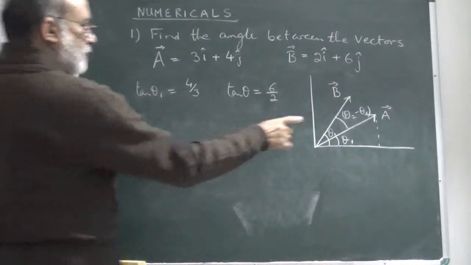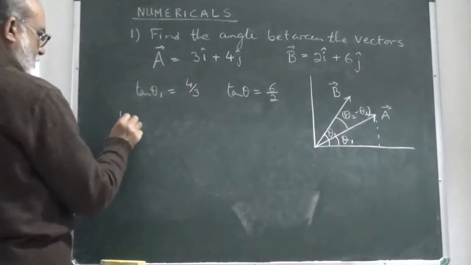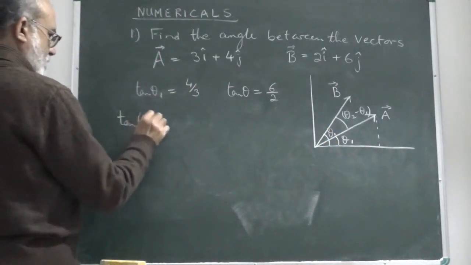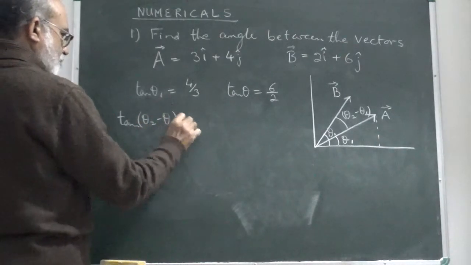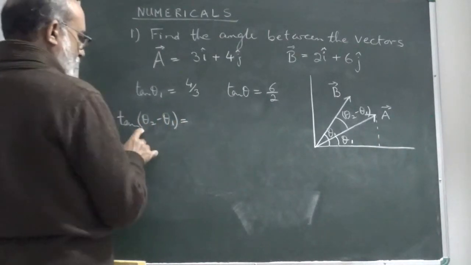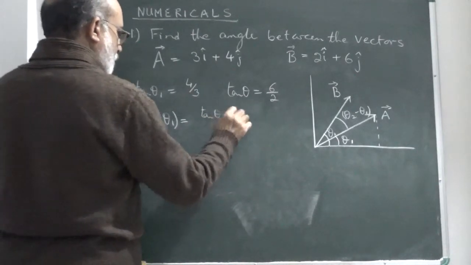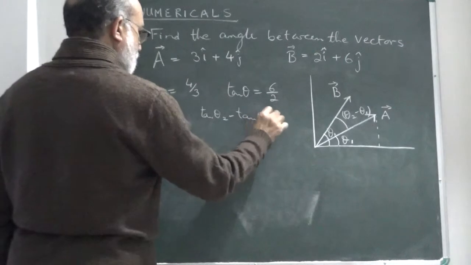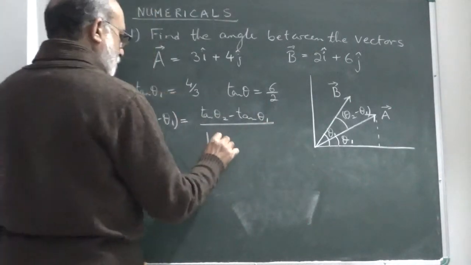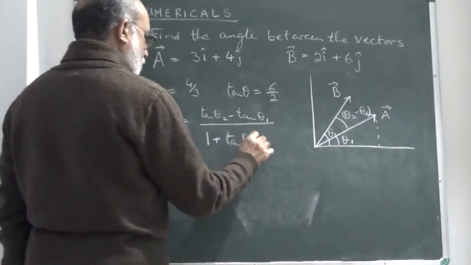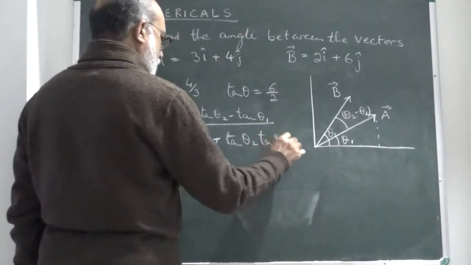Now we have to find the angle between the two vectors, so we require theta 2 minus theta 1. Using the trigonometrical formula, we can write tan theta 2 minus tan theta 1 by 1 plus tan theta 2 tan theta 1.